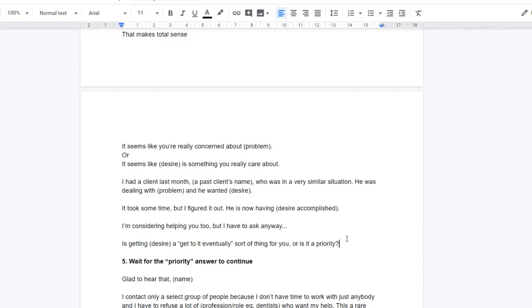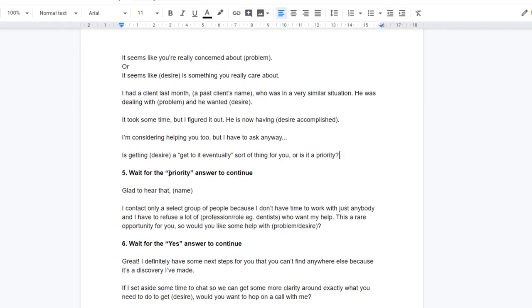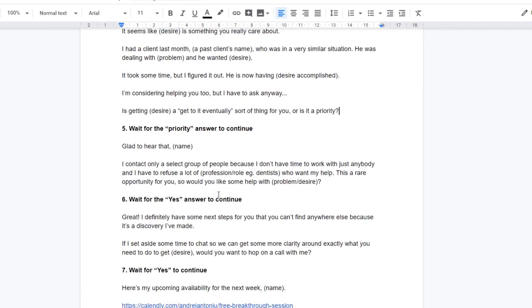You really have to find those people with a painful problem. They've tried a lot of stuff to solve it, and now it's a real priority. They're committed to solving it and want it solved as fast as possible. Those are your ideal clients. You have to understand that, and wait for the priority answer to continue.